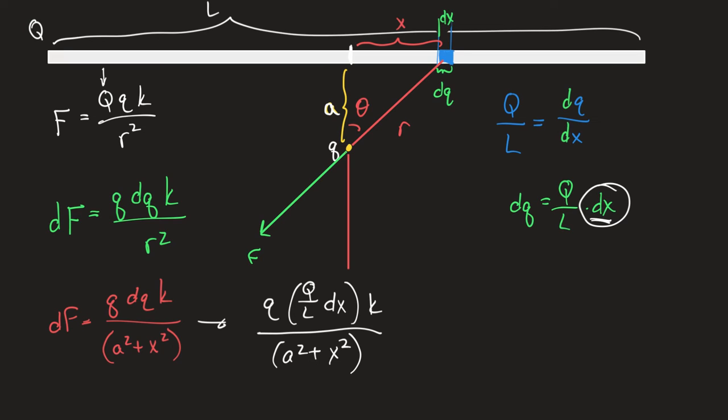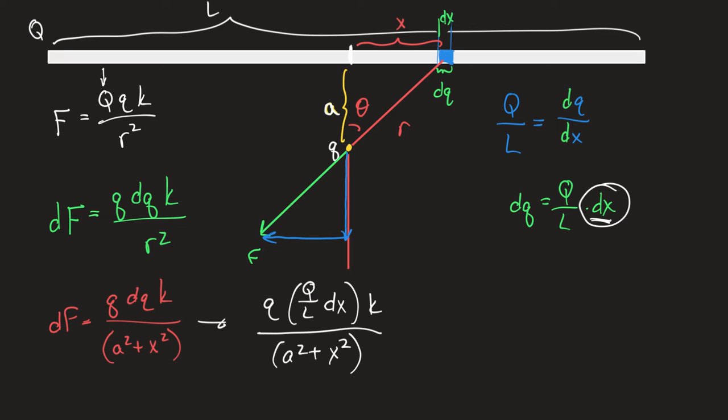As we've been talking this whole time, we know that there's going to be a component of the force in this direction and a component of the force in this direction. And the off-axis components are likely to cancel out, meaning the horizontal component that points this way will be canceled out by a similar horizontal component on the other side.